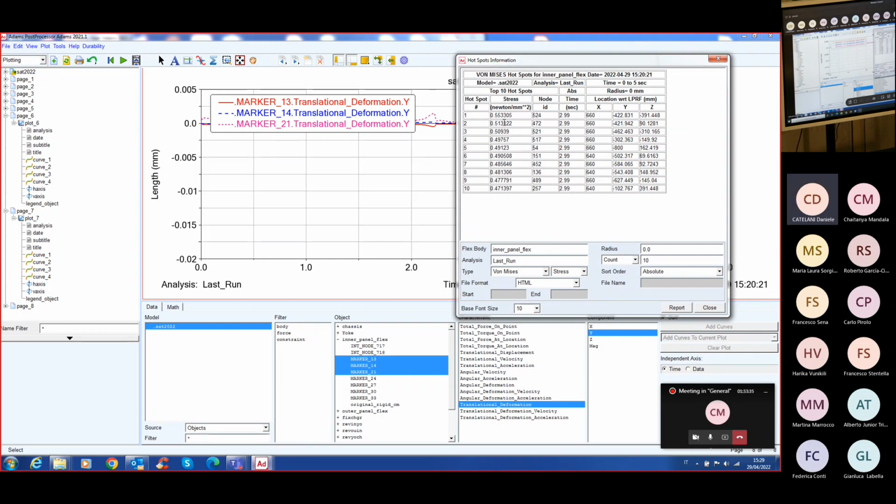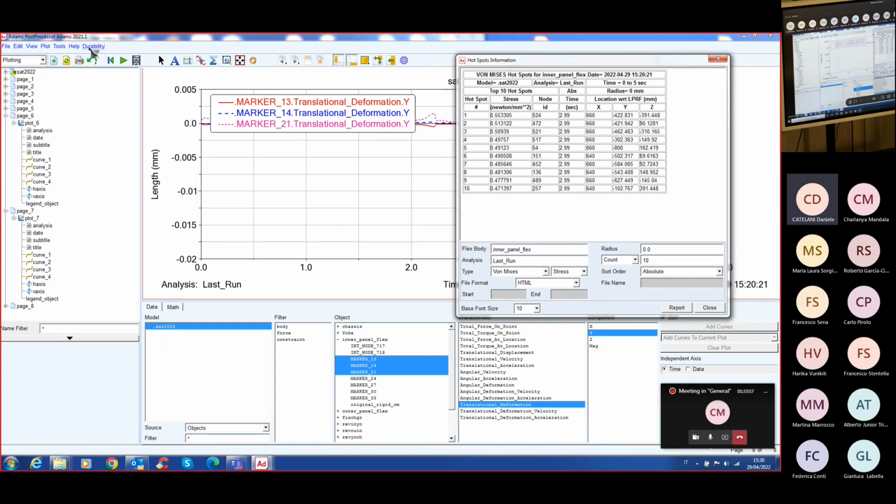It is important to know the maximum value of stress, but it is important also to know the evolution of the stress during the full simulation, because probably you can have other important instants in which you have a high level of stress.